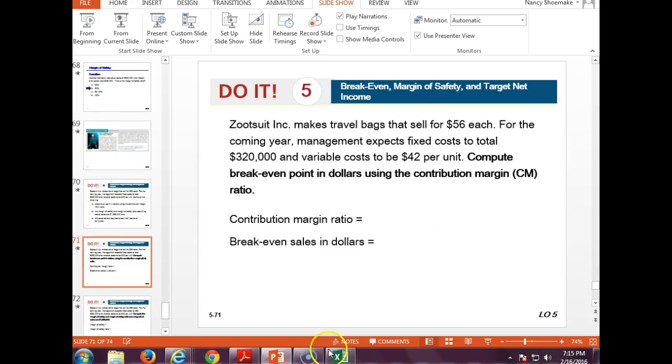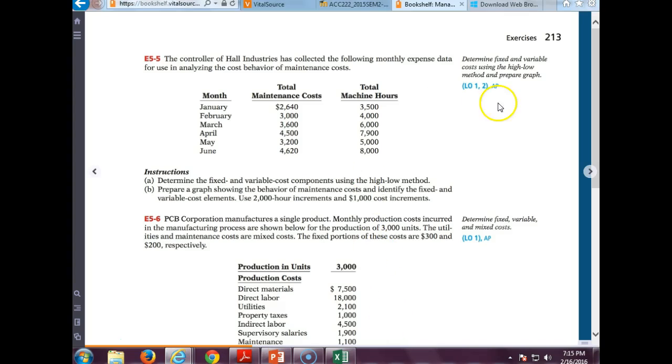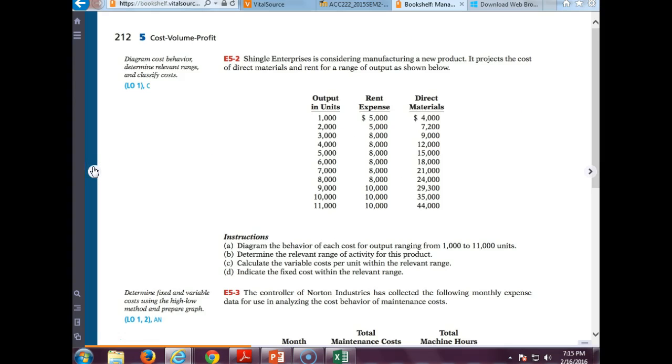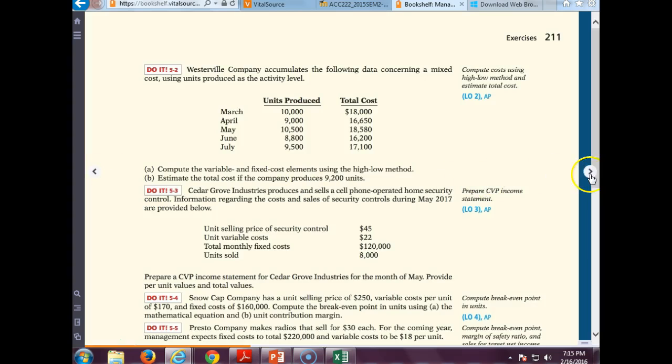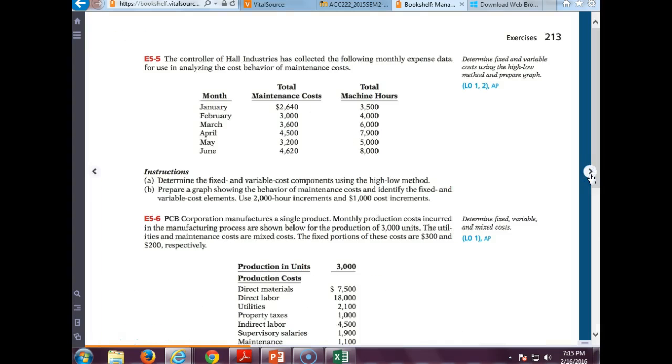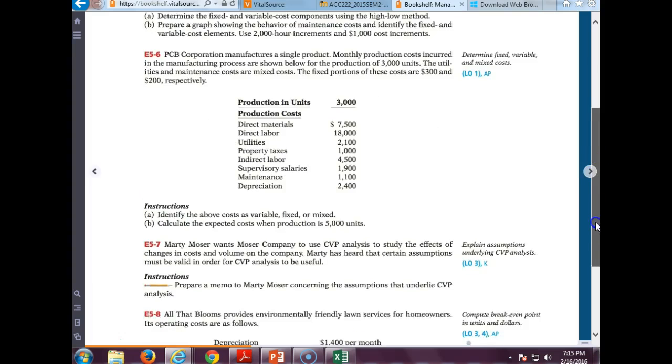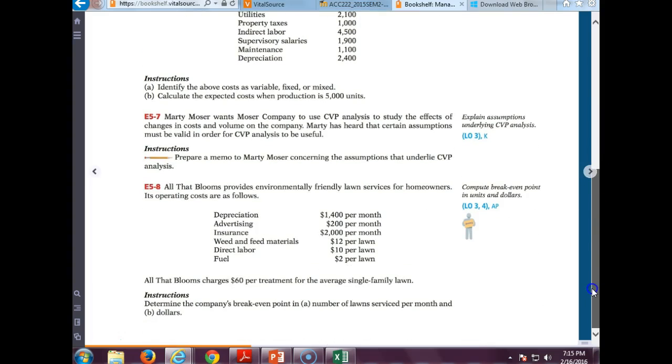So right now, let's look at E58. All That Blooms provides environmentally friendly lawn services for homeowners. Its operating costs are as follows.